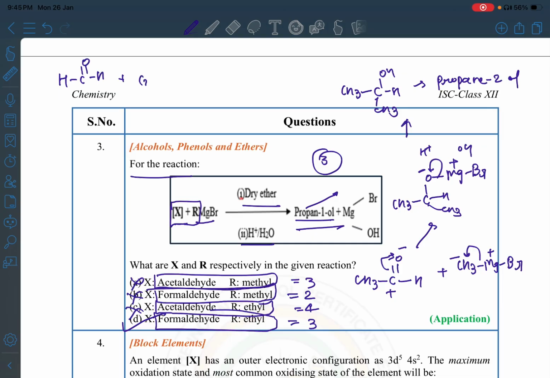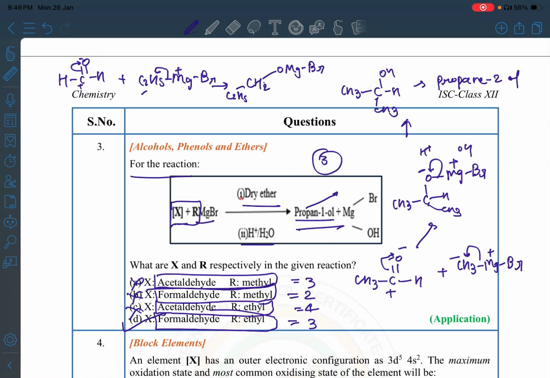It reacts with C2H5MgBr, the bond breaks, oxygen gets negative, carbon gets positive. Then carbon gets negative and Mg gets positive, and we get C, C2H5 and then H and then O, MgBr.